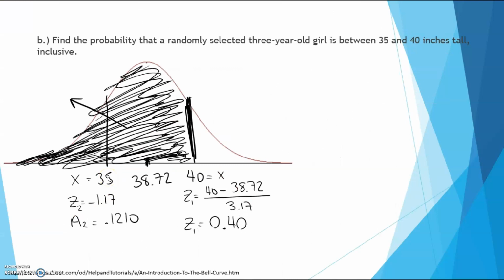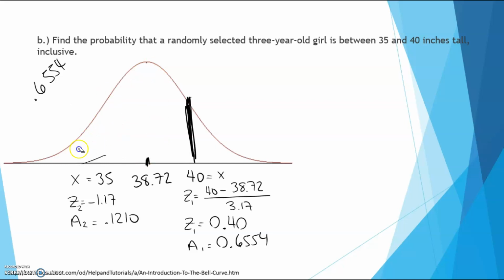Alright, so this is 0.6554, or area 1. Now remember back in section 6.1, if it was between two numbers, and all we're looking for is the middle, so between these two, I just need this right here.